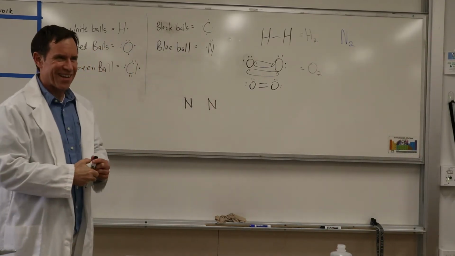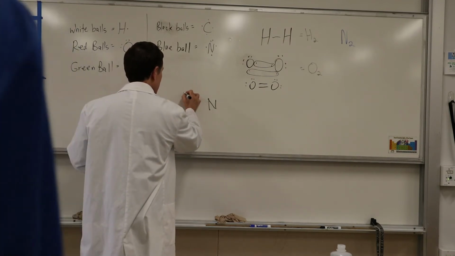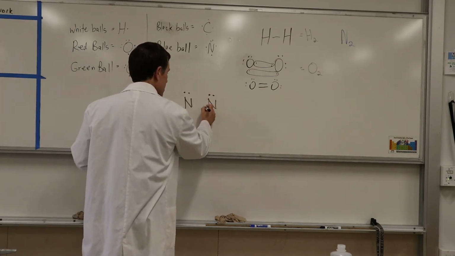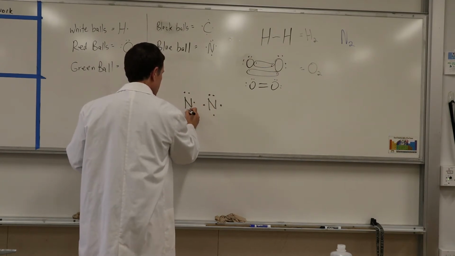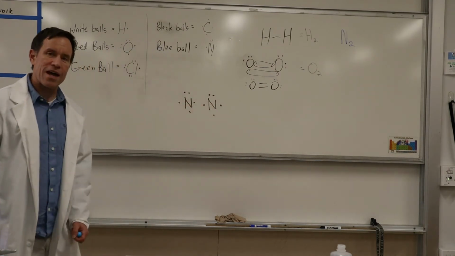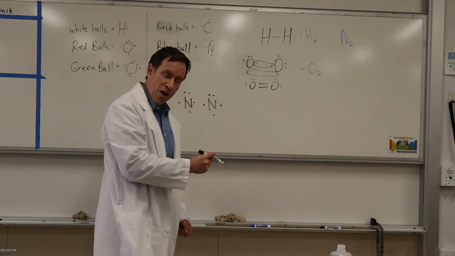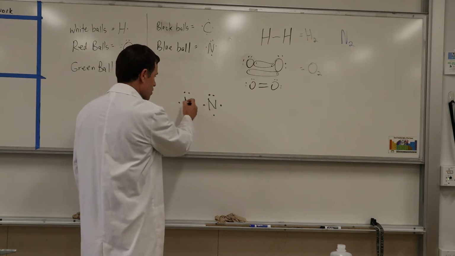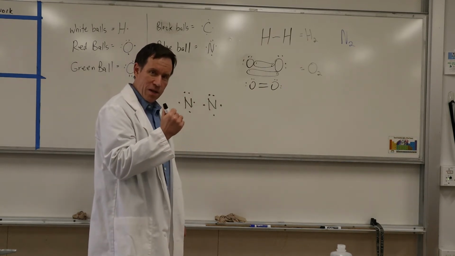So with nitrogen, you have a pair of electrons, and then on each of these sides you're going to have a single electron. Remember that you have 4 sides on each element. So on each of these 3 sides, you're going to have a single electron.